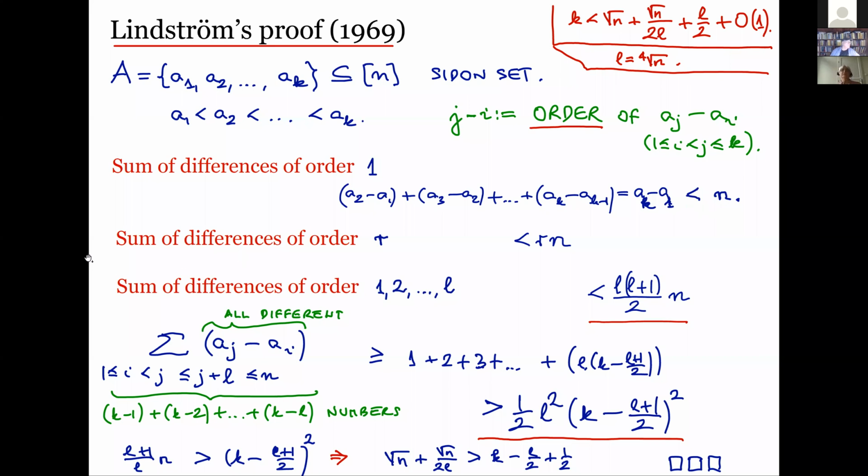And similarly, if we add up differences of order r, we got something less than r times n, because we have r ways to start this telescope. So we consider L layers. So altogether we have L times L plus 1 over 2 sums. So this is L plus 1 choose 2 times n. That's an upper bound for the total sum.